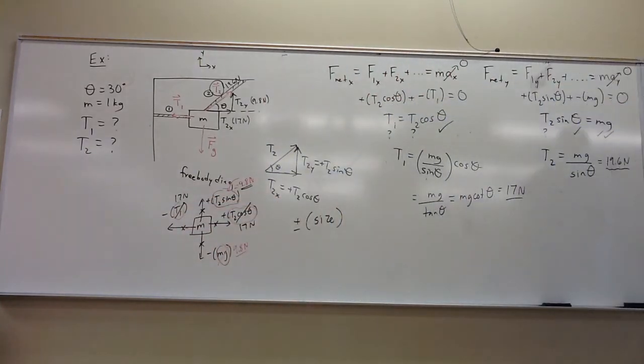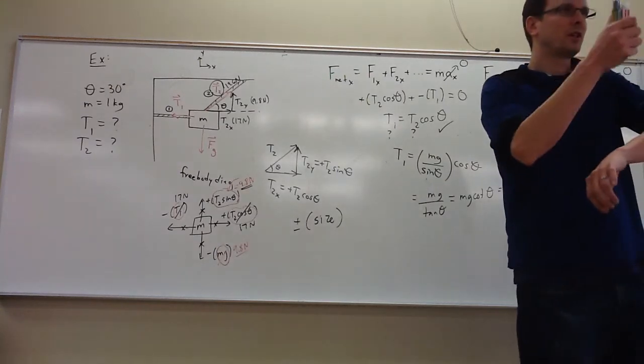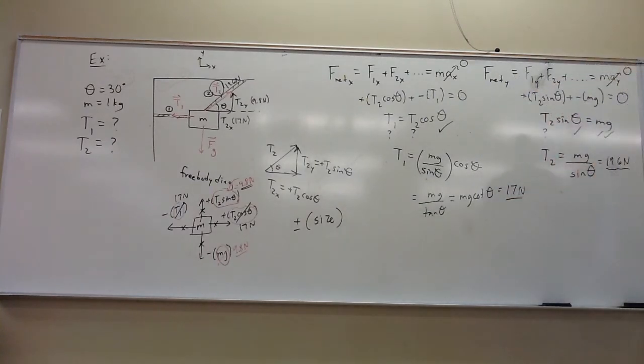So no other number will do. No other numbers for T1 and T2 will suffice, because otherwise you're going to have an imbalance in the forces in either the vertical or horizontal directions. The premise of this problem is that the mass just stays there. Okay? So there we have it.